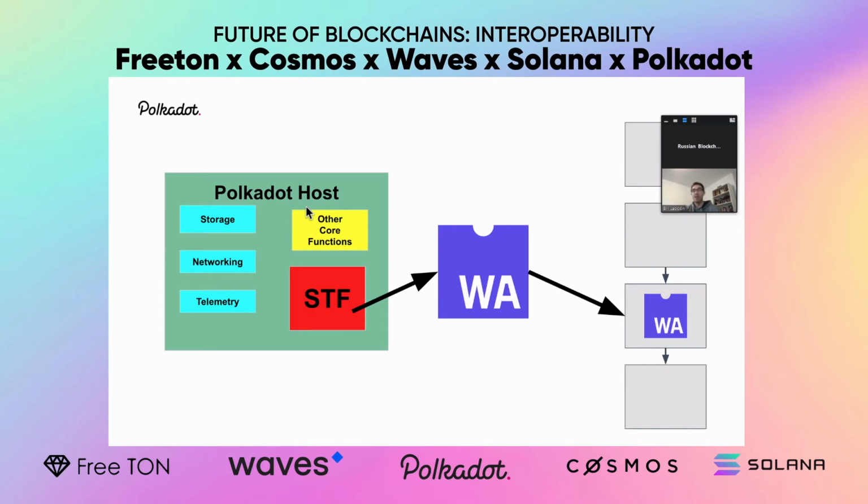We've done that in the past. Or add new rules to the chain. And this happens automatically. There's no need for the host to update, right? Because we're just sending out this new WebAssembly over the chain.